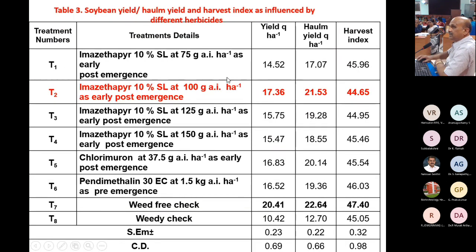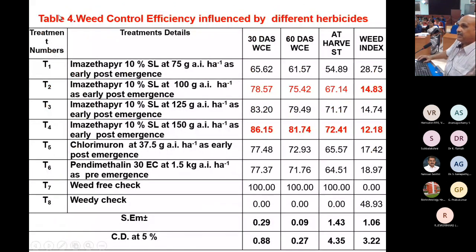Imazethapyr at 100 grams proved effective in controlling weeds. However, 75 grams per hectare was not that effective against weeds. And imazethapyr at higher concentration increased the residual toxicity and also affected the performance of soybean.